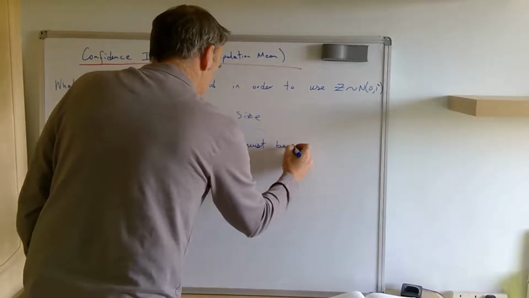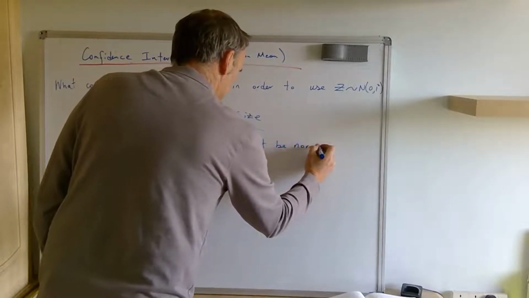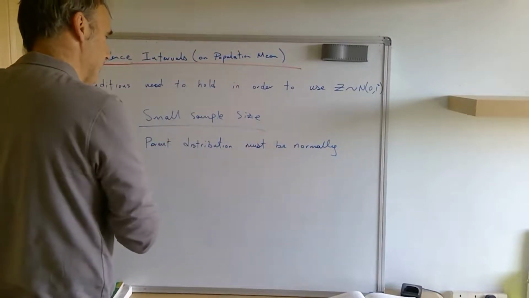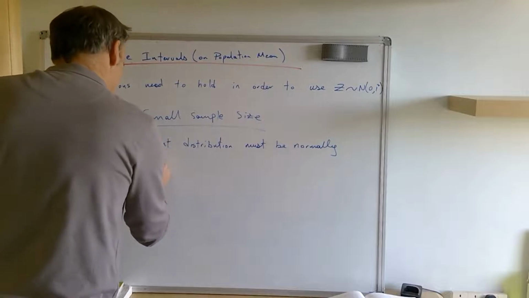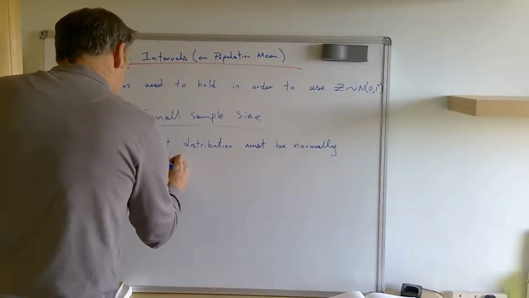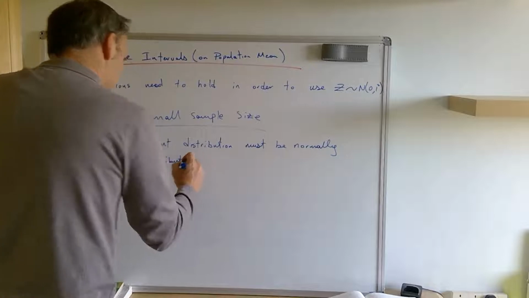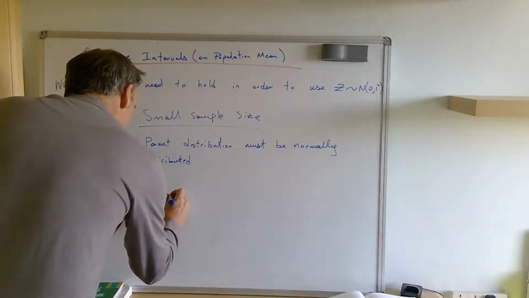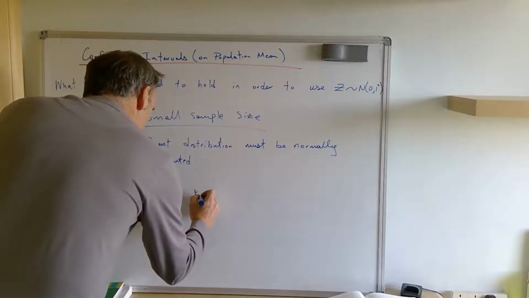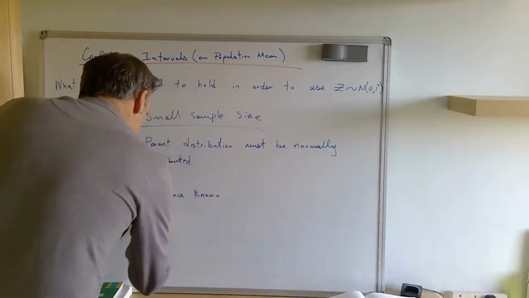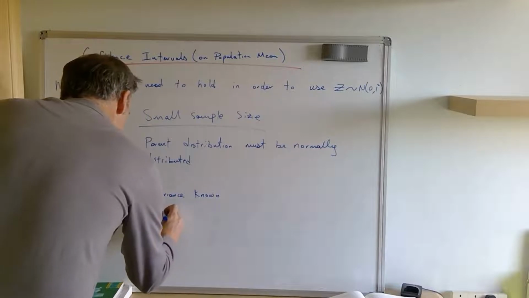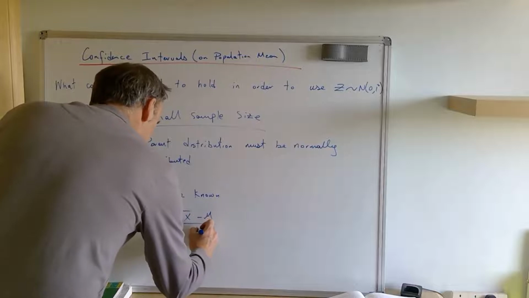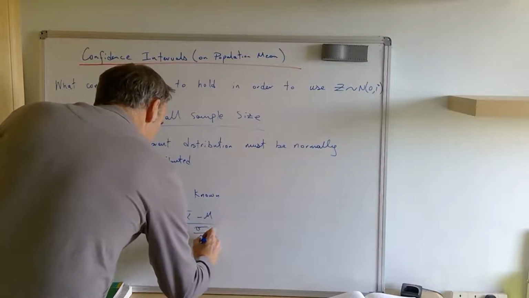So we can't use the central limit theorem for small sample sizes. So the parent distribution must be normally distributed. Right, and then if the variance is known, then we can use Z is equal to x bar minus mu over the standard error as before.